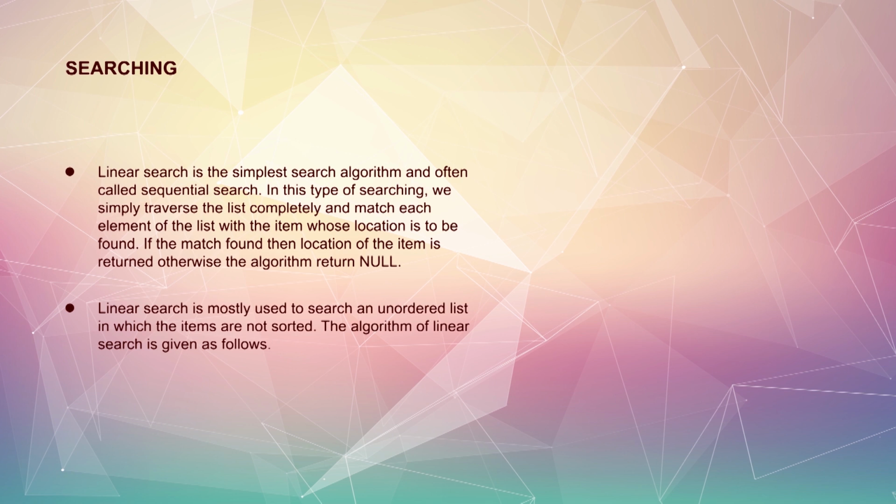In this type of searching, we simply traverse the list completely and match each element of the list with the item whose location is to be found. If a match is found, then the location of the item is returned. Otherwise, the algorithm returns null.